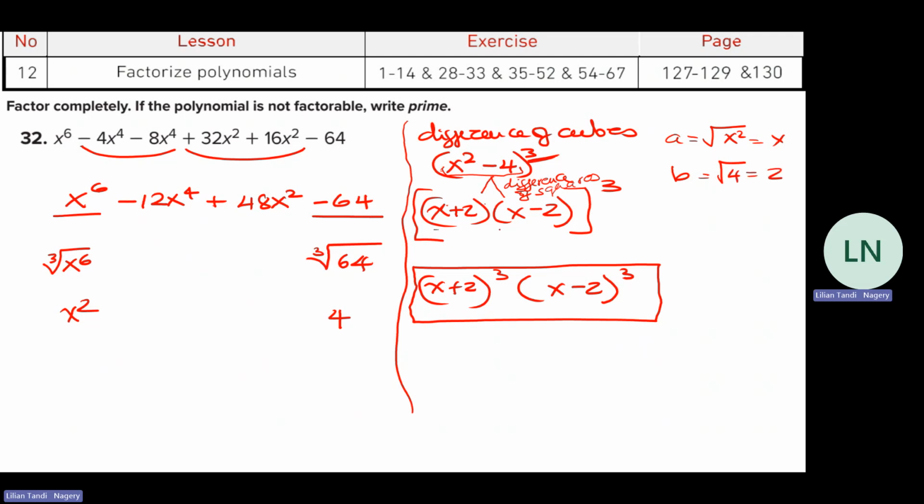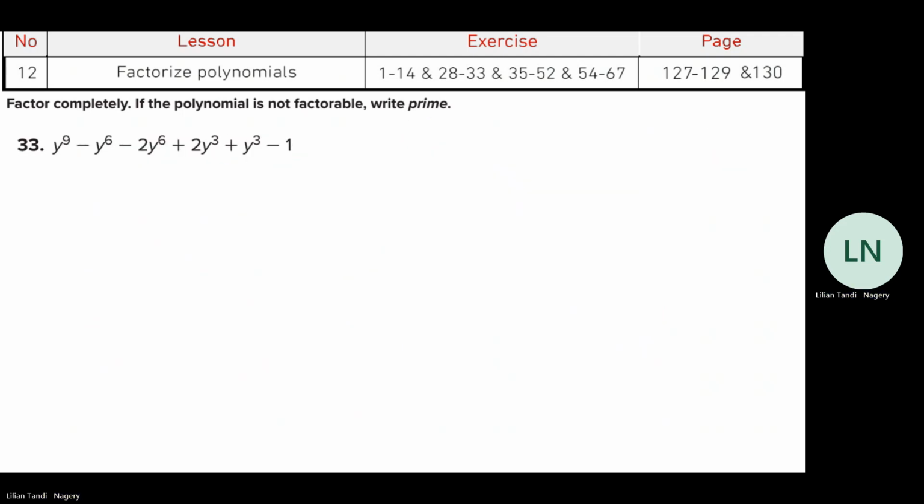And then you put them in your two brackets, but you also have to remember there is a cube over here. Combine your like terms. Okay.